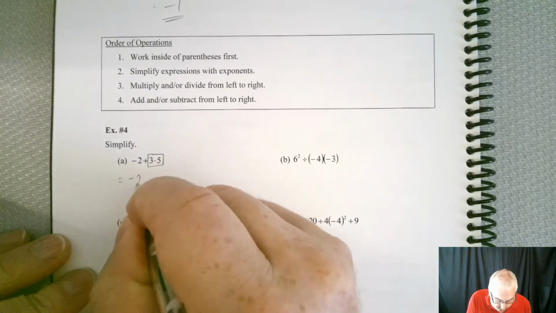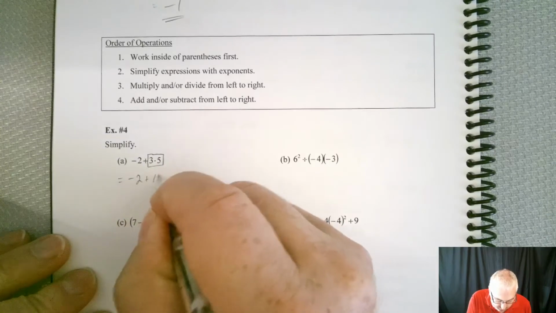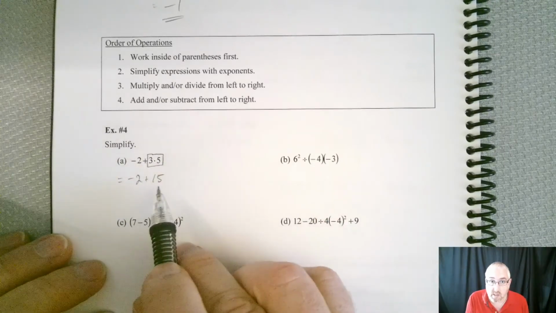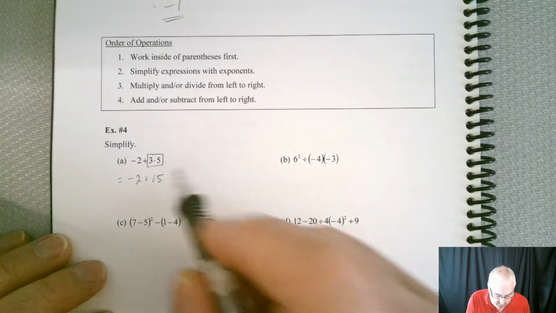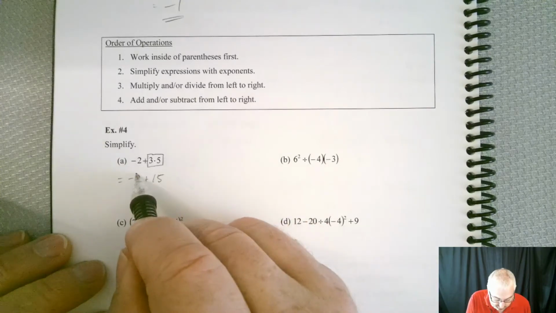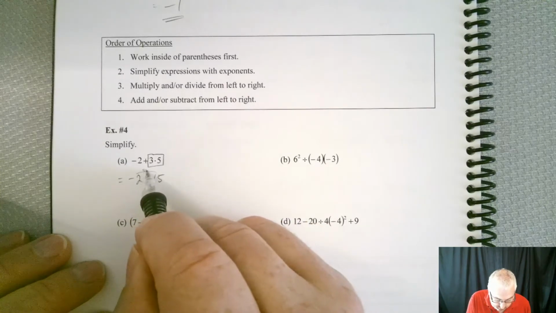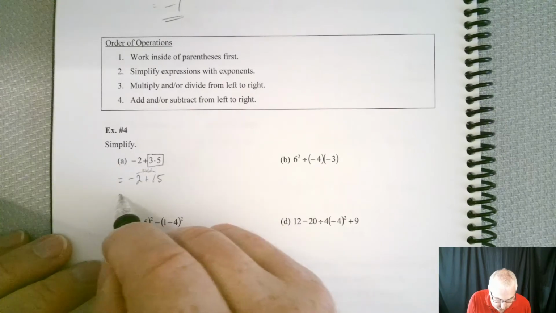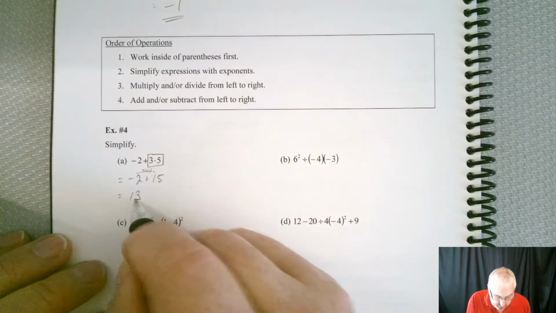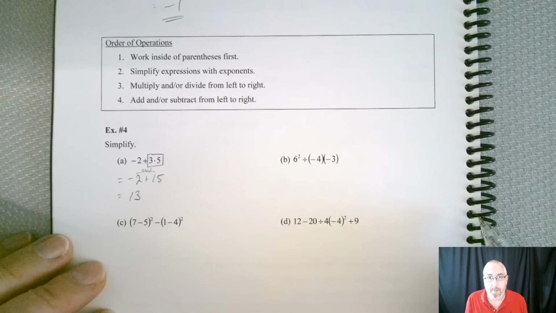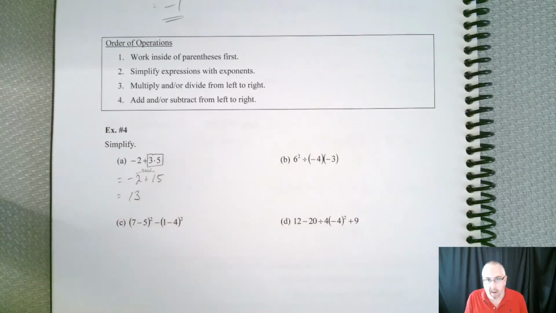We know that 3 times 5 is 15. Now we just have to add those two numbers together, but because they have different signs, we know we've got to subtract. So we should get a positive 13. This one was a quick one because there were only 2 operations.